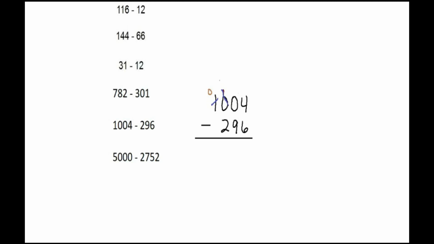If you notice, we're making our way back to the ones column. Now the 1 we just borrowed goes here over the 0, and we now have 10. We can borrow from 10. We're going to cross out 10, and then 10 will become 9.